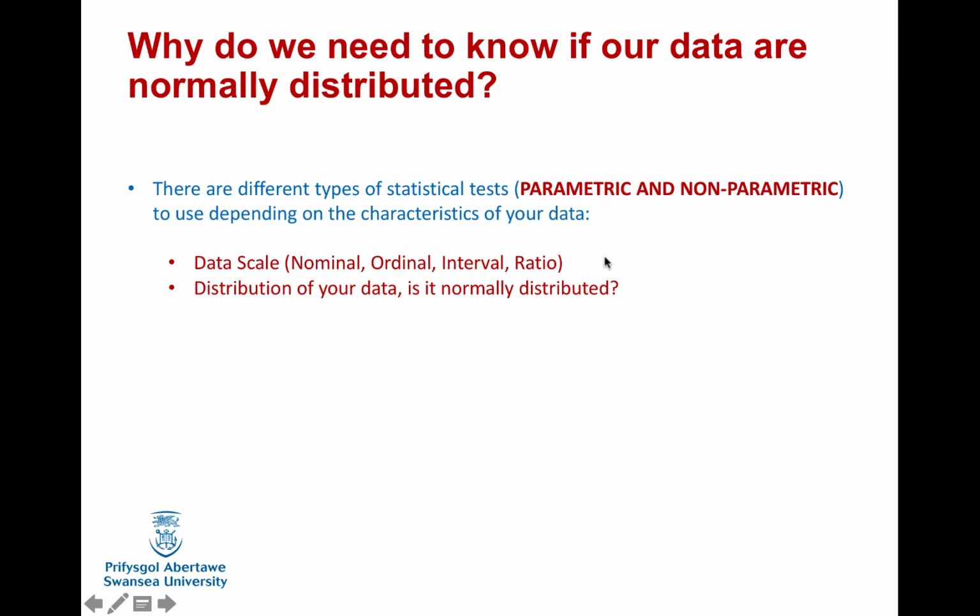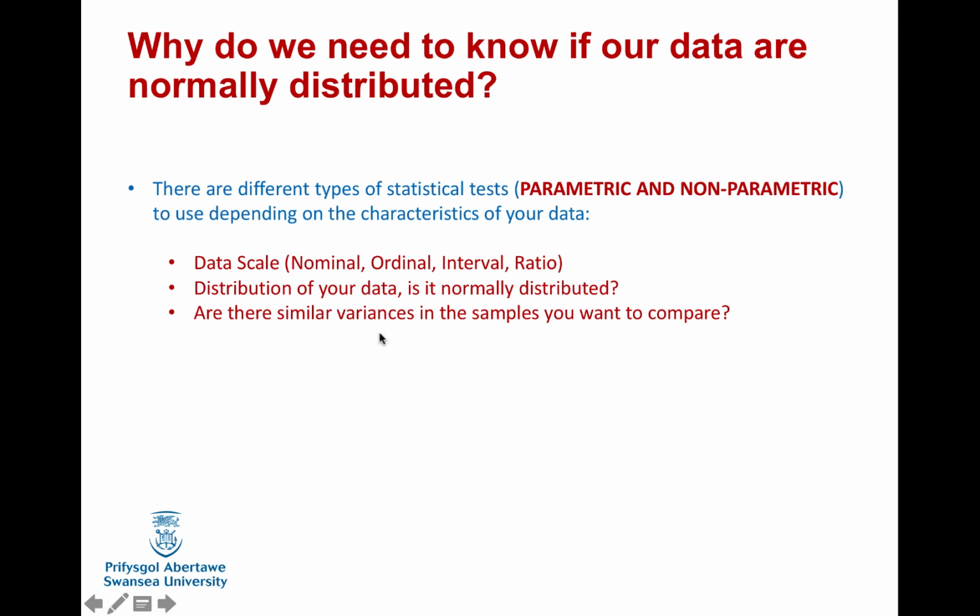Remember, the normal distribution has a number of mathematical properties resulting from that symmetrical distribution that means we can use more powerful statistical tests on the data that we've collected because we can make more assumptions about that data. So we have to know whether it's normally distributed to know whether we can use parametric or non-parametric statistical tests.